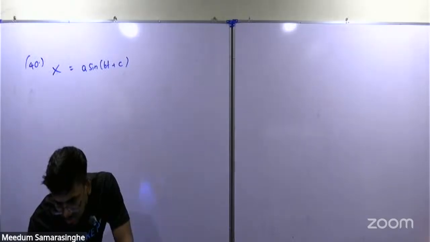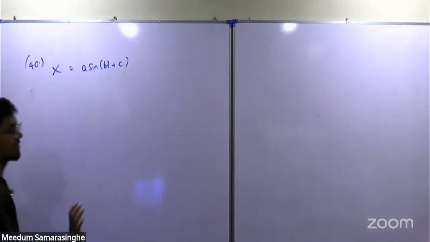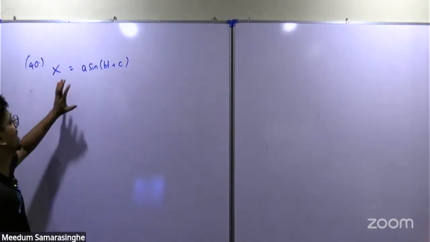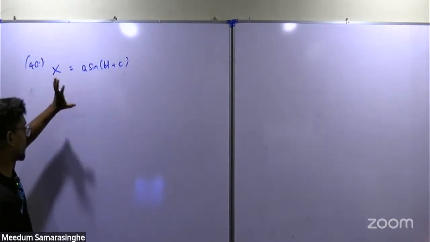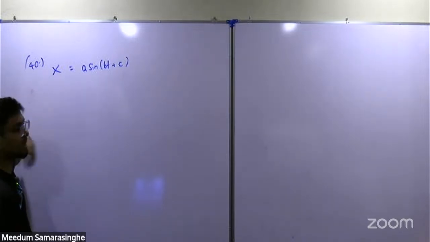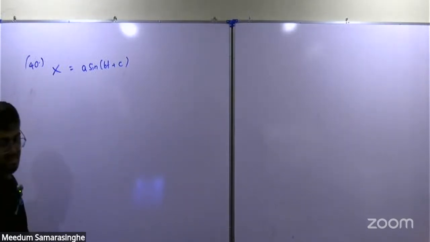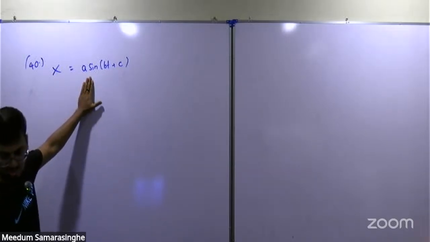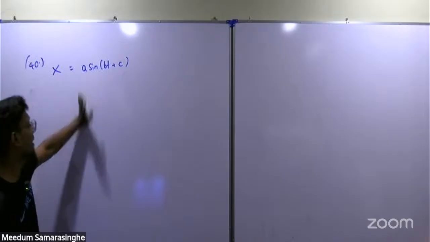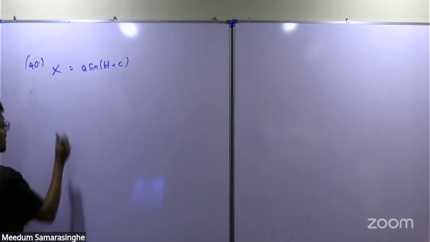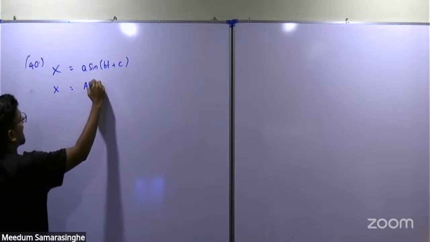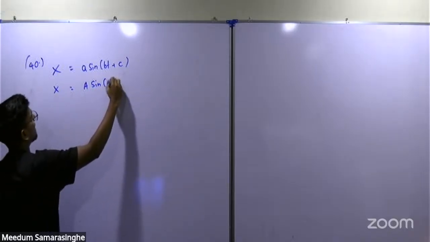They haven't mentioned that the motion is simple harmonic, but by looking at this equation, you can say that the object is performing a simple harmonic motion, right? Displacement varies sinusoidally with time, so that is obviously a simple harmonic motion. For simple harmonic motion, you can write displacement as a sine omega t plus phi.